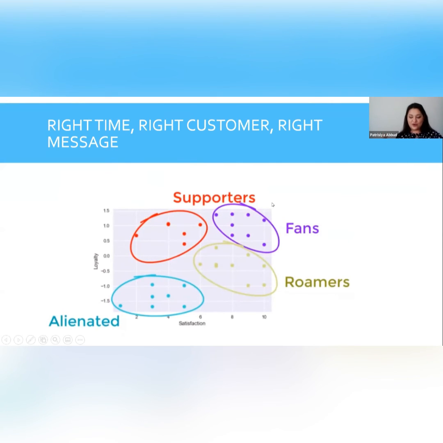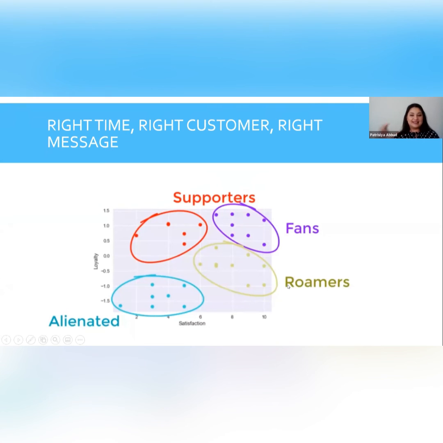And we have a group of customers who are satisfied with the product and they are loyal to our brand. We call them fans. Basically, those are our fans, our core customers. And we have people who are predominantly satisfied, but some of them are loyal, some of them not really. We call this group roamers.